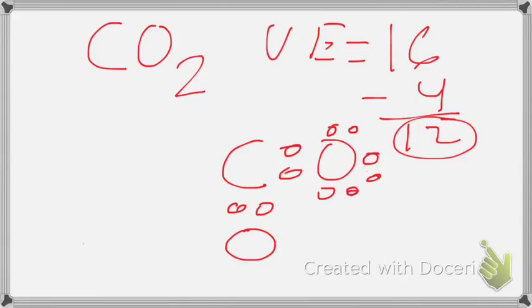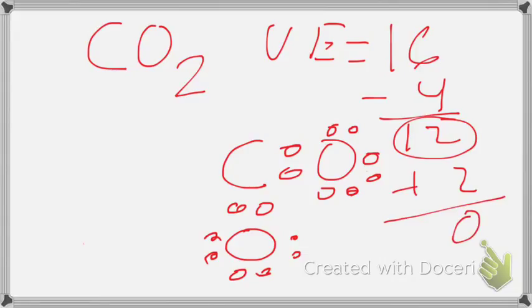No more for oxygen. Another 2, 4, and 6, and that's no more for oxygen. That used up our remaining 12 electrons, so we have 0 left. We have no more electrons that we can distribute around.